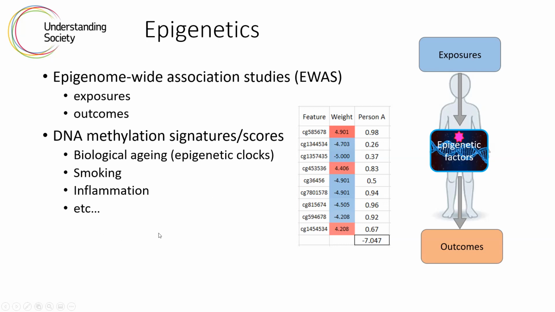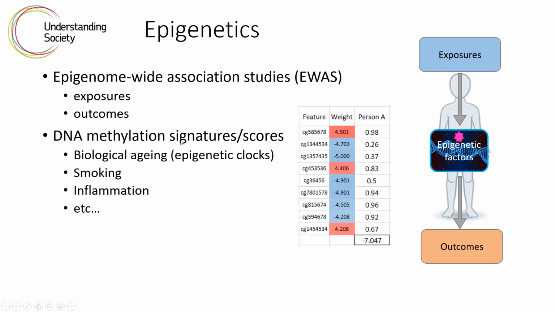In a similar way to polygenic scores, the outputs of EWAS studies can be used to generate DNA methylation signatures or scores. Basically the same idea, you multiply for each person their value for the site you've typed and the effect size from the EWAS, and calculate their total burden of, for example, exposure to smoking.